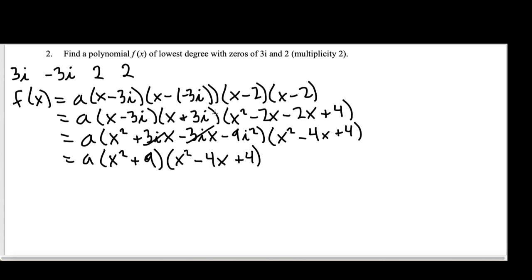Okay. And now I have to take x squared plus 9 and multiply that by x squared minus 4x plus 4.